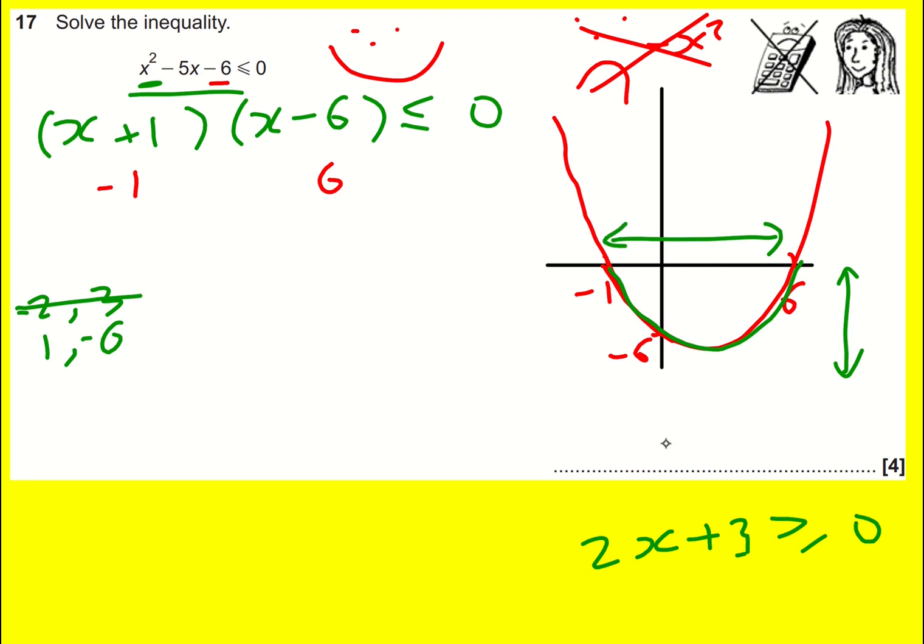It's going to be from minus 1 inclusive, so minus 1 less than or equal to x, less than or equal to 6. And in fact, that is the answer. So essentially, solve this like a quadratic equation to get the roots, but then use the roots to sketch the graph and look where it's less than or equal to 0. I could solve greater than 0 by looking here and here.